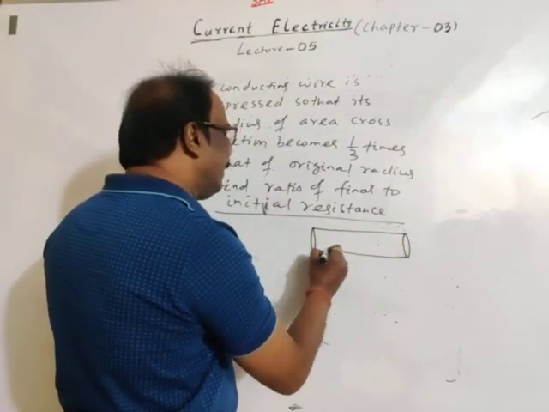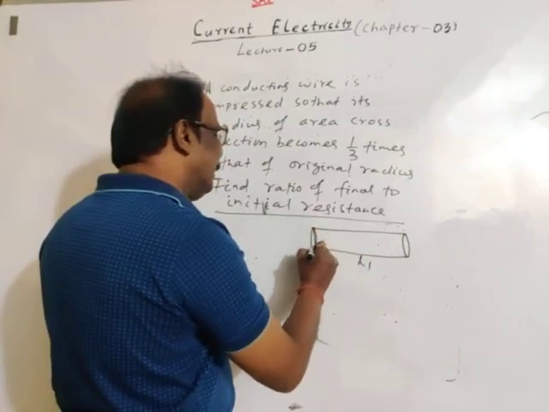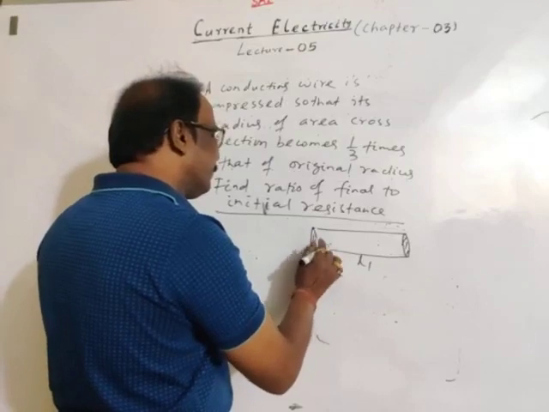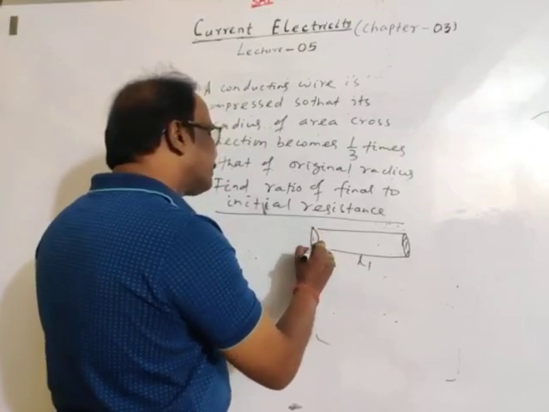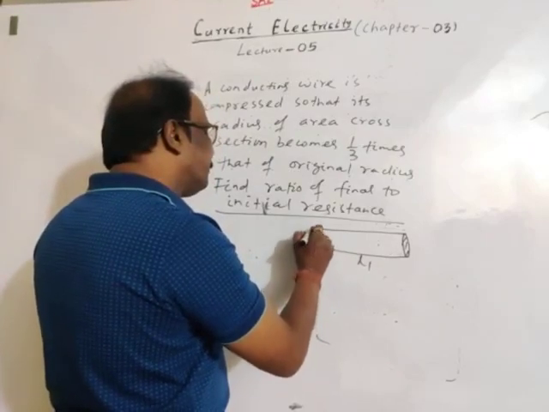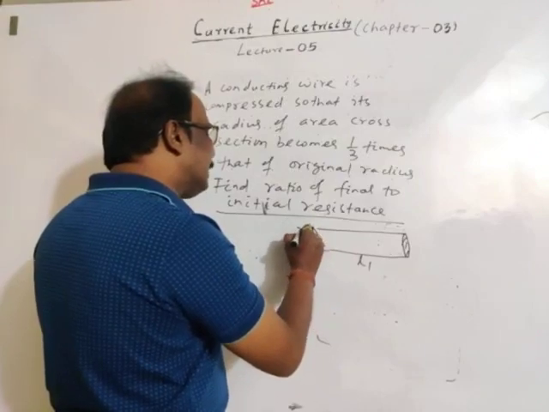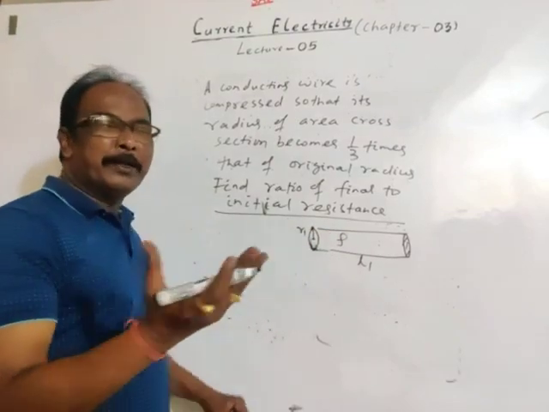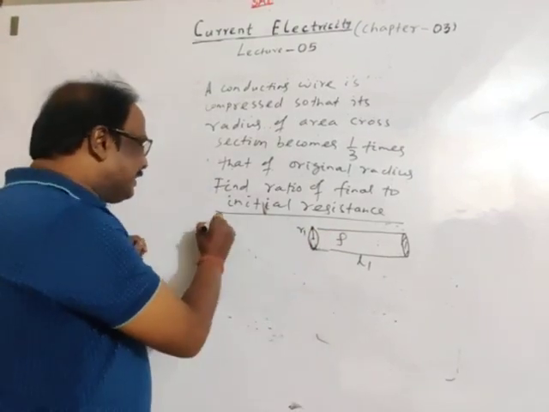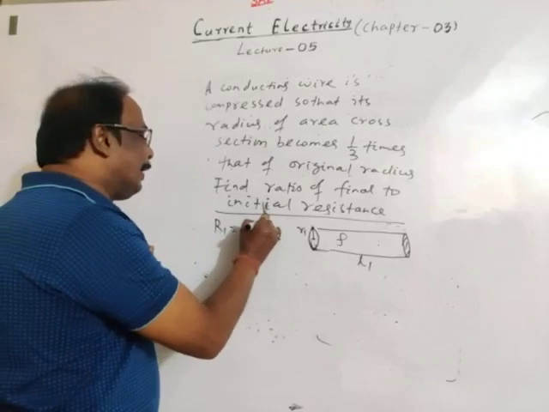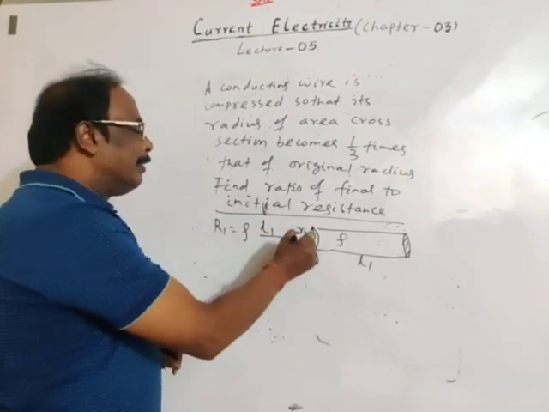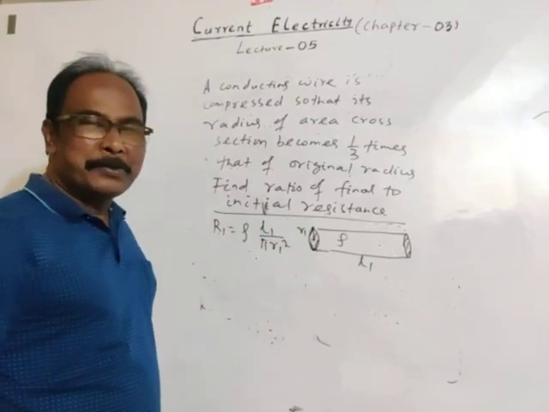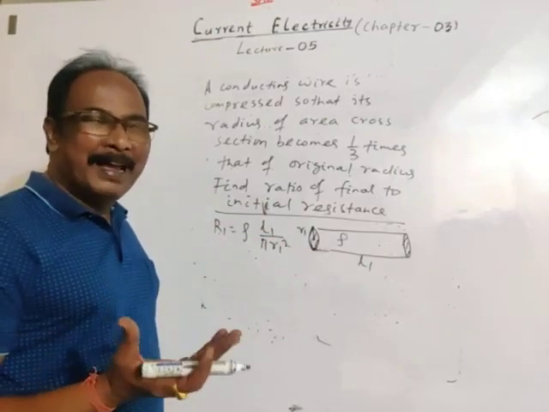The length of the wire is L1, this is the area of cross section, and this is the radius R1. Resistivity we will assume rho. Then initial resistance is rho L by A. If this is a circular area, then area is pi R1 square.